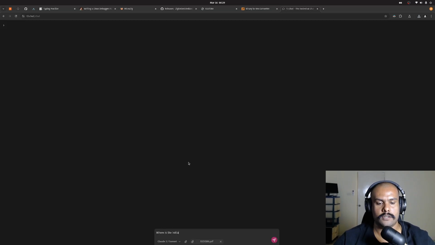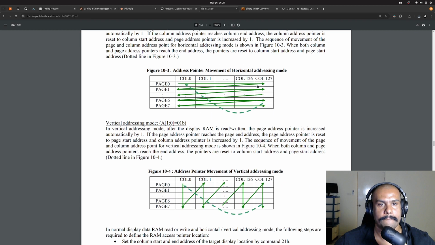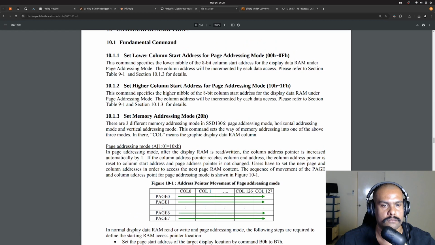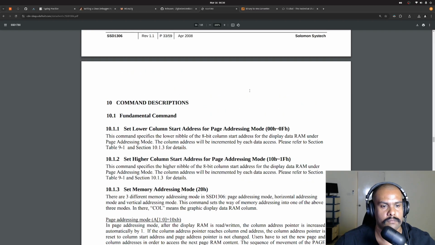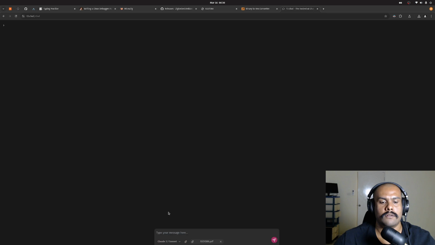It's the initialization of the display. And this is the, can I initialize the display based on the datasheet?